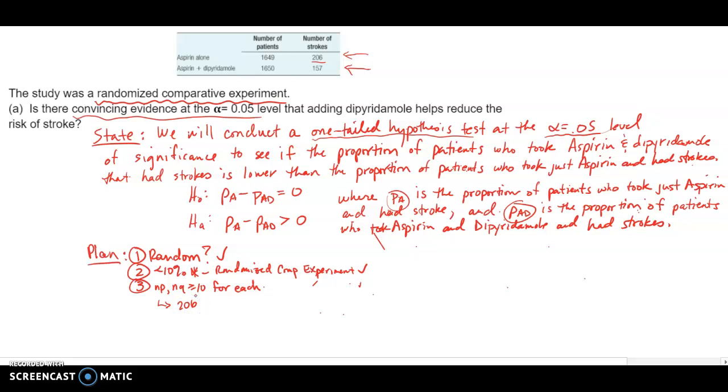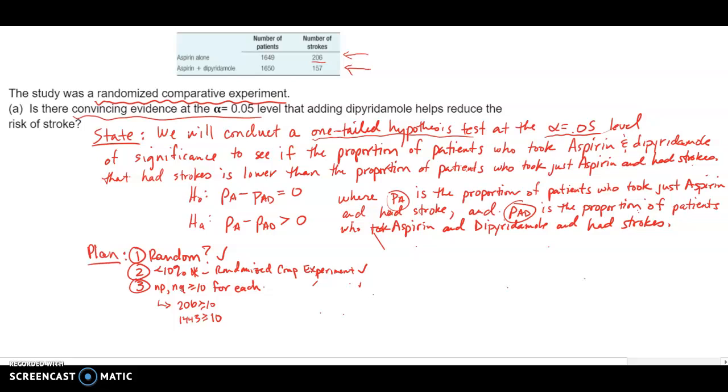So again, we're not doing n times p. We're just looking at number of successes. That's greater than 10, and then 1649 minus 206 is 1443. So that's quote unquote a failure, or a failure in this case is actually not having a stroke. So that works for the first one for aspirin alone.